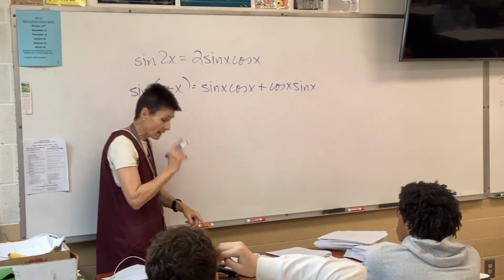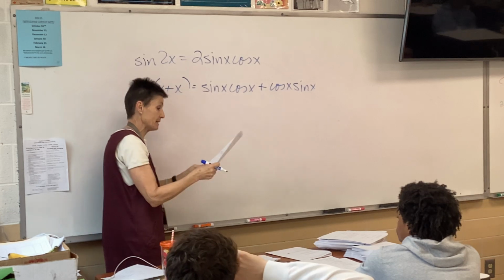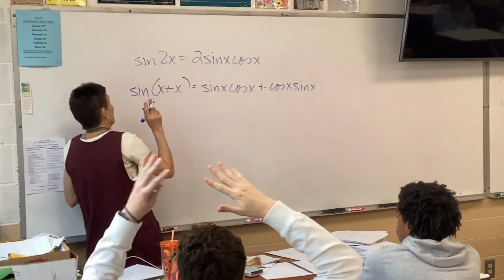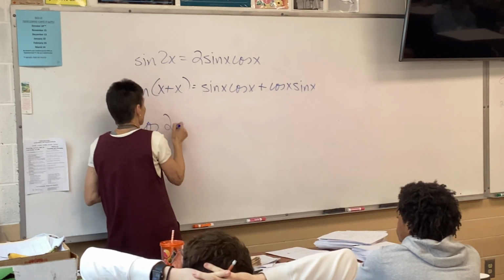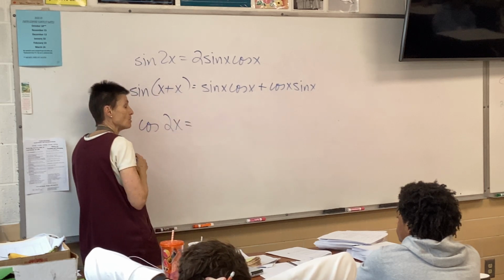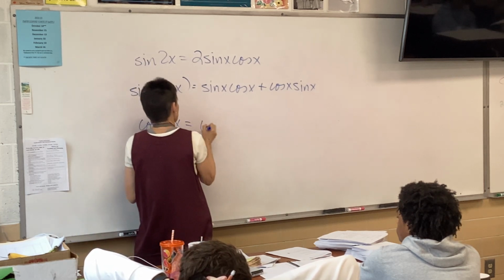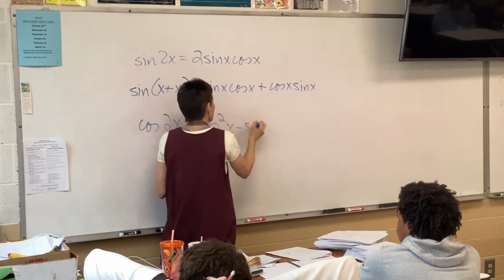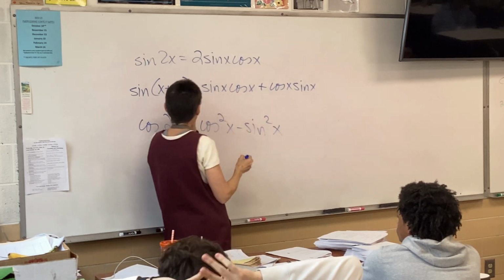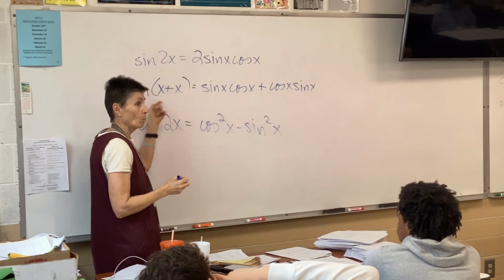All right, now the one I want to talk about specifically is cosine. Only because the identity for cosine 2x is cosine squared minus sine squared. That's what you get if you do this with the cosine formula.